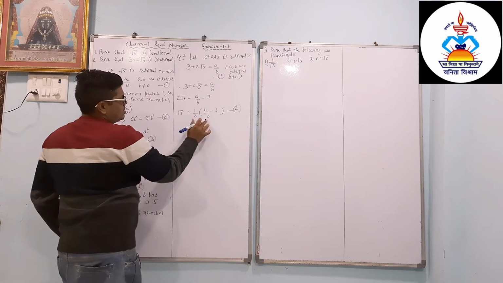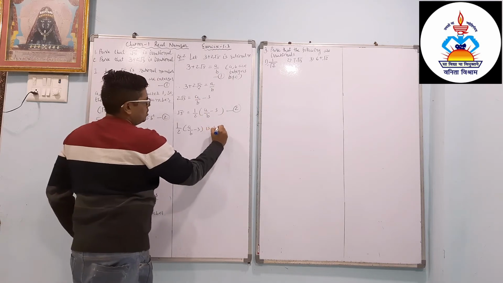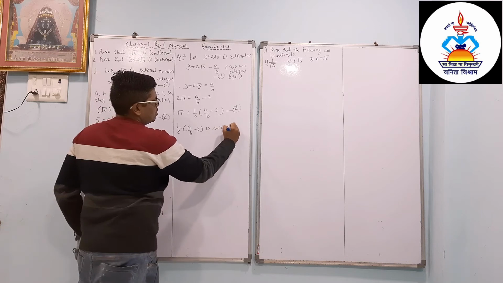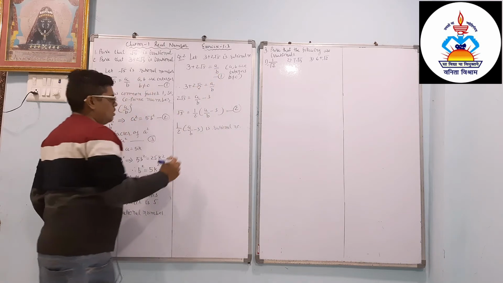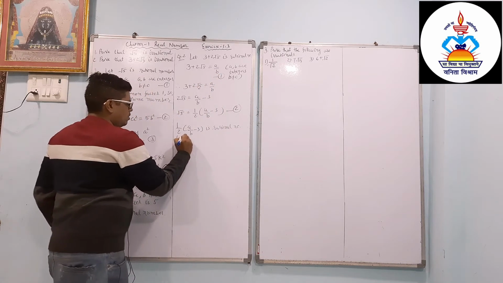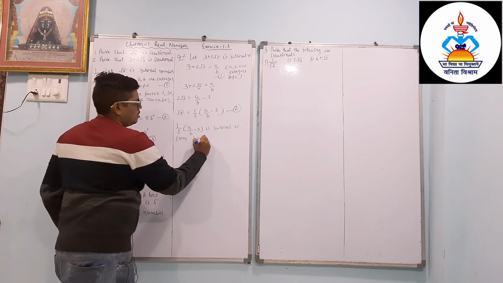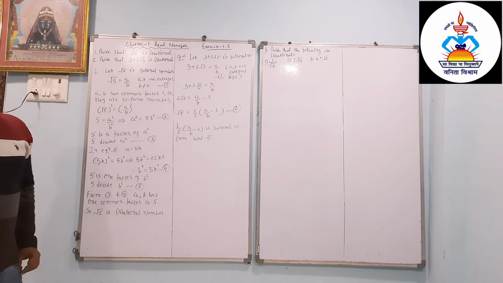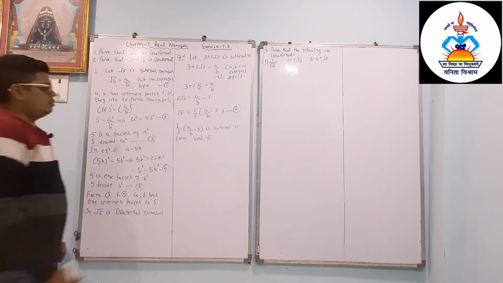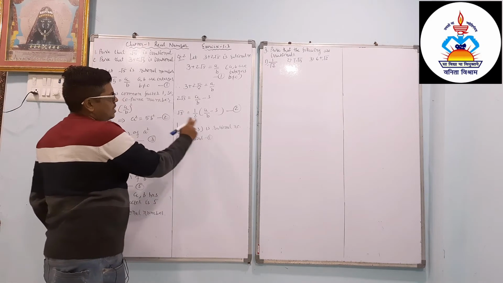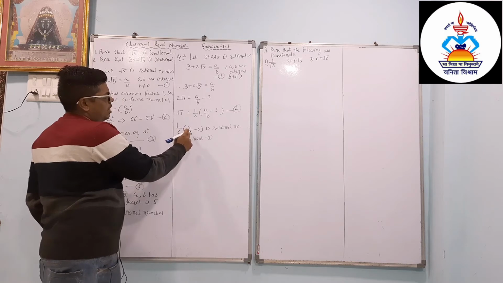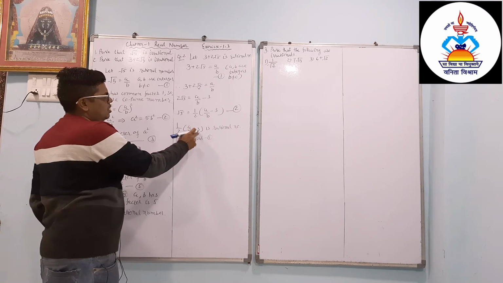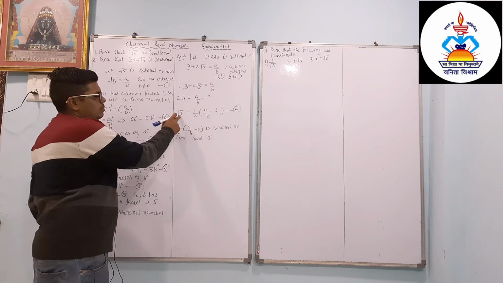So we can say that this is a rational number according to our result number 1. But we know that root 5 is an irrational number, but from the result we can say that if half in the bracket, a divided by b minus 3, is a rational number, then root 5 is also a rational number.